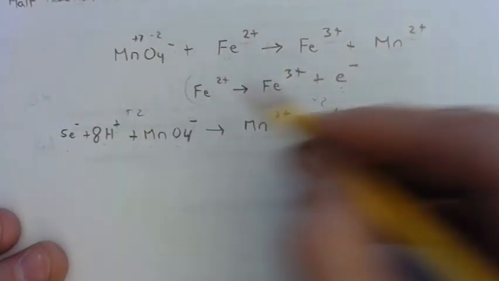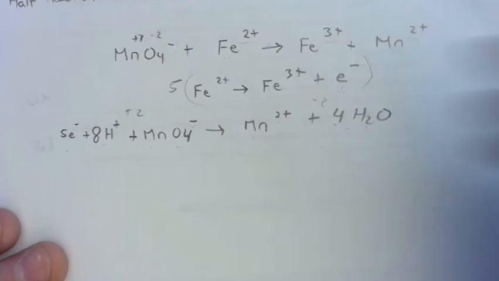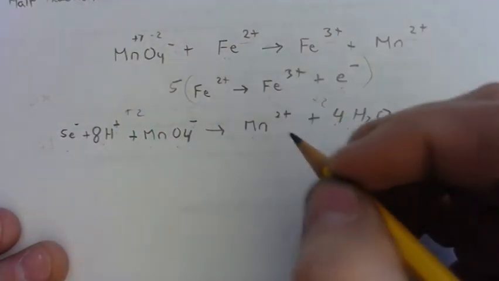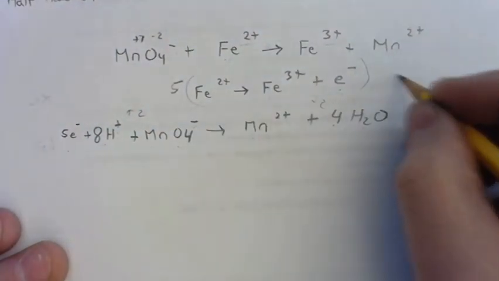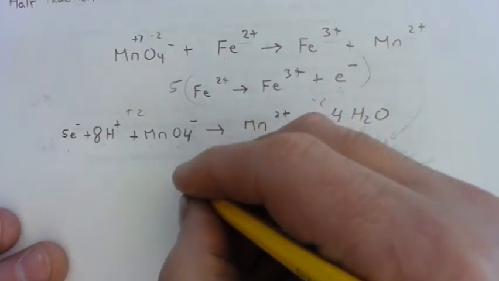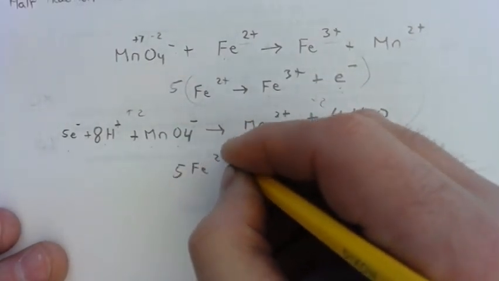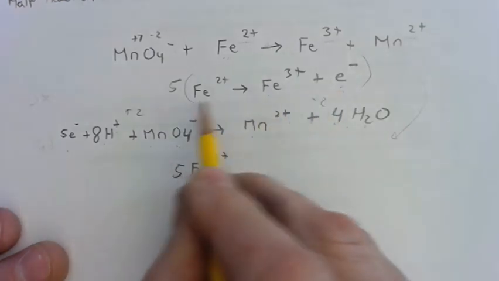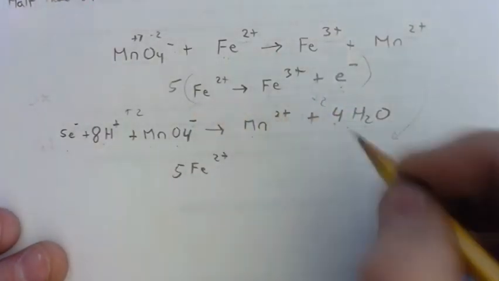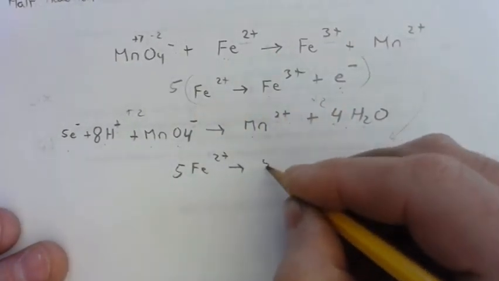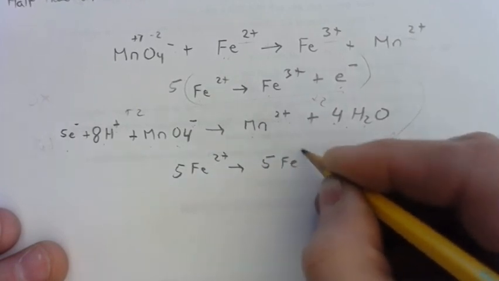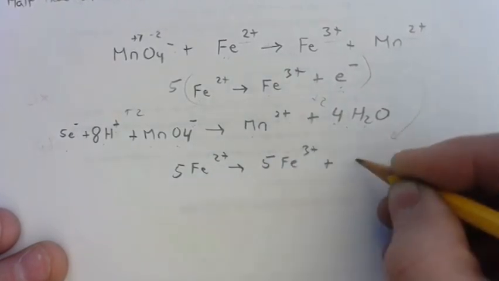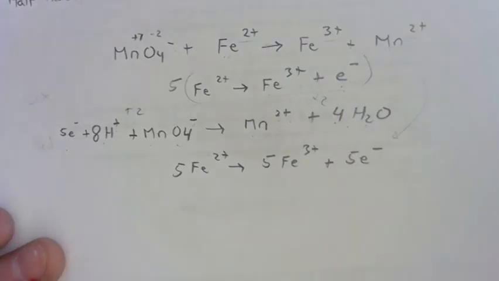So we're going to take this and multiply the whole thing by 5. And I'm going to put that down here, and I'm going to say we have 5 Fe2+. Usually you want to leave enough room underneath. I didn't, sorry. Reacts to form 5 Fe3+ plus 5 electrons.